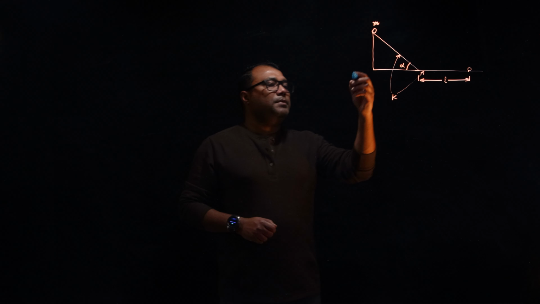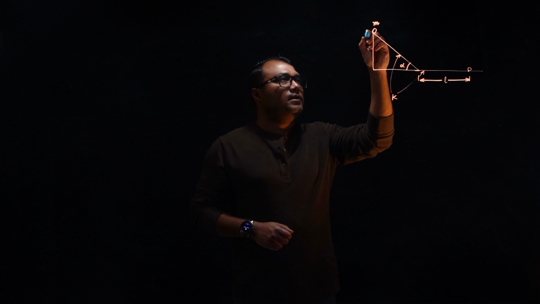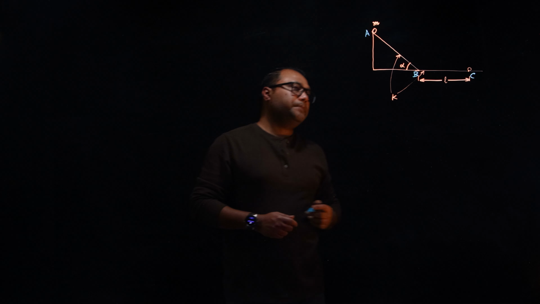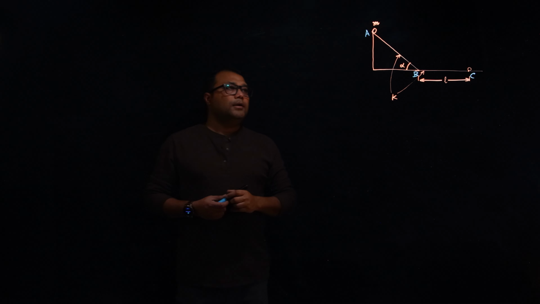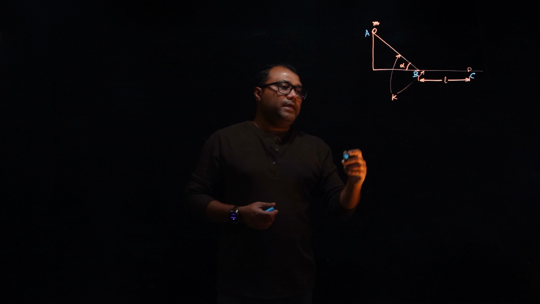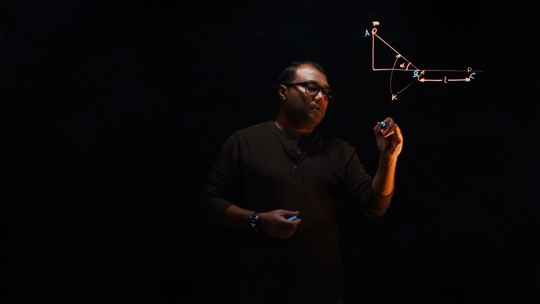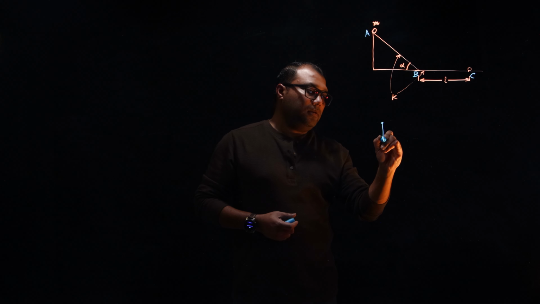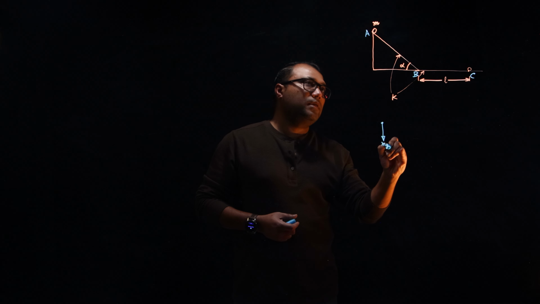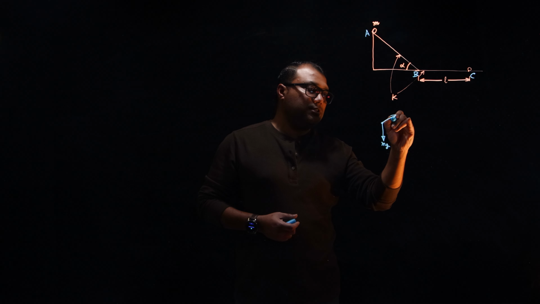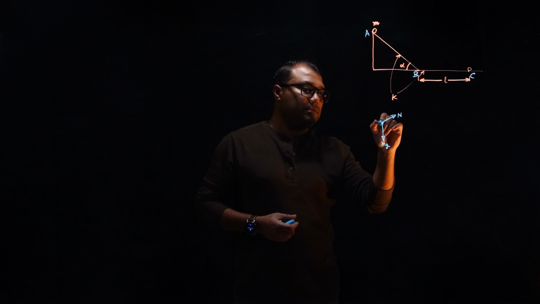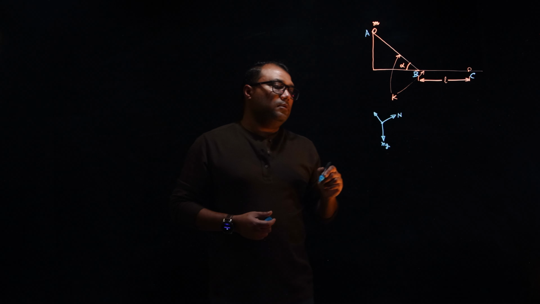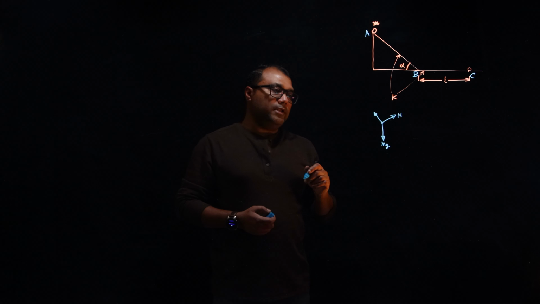Once you have the picture, the remainder should be pretty simple. Now let me mark these points as A, B, and this point is C. During the journey AB, if I look at the free body diagram of the mass m, there is mg, there is normal reaction, and there is some friction force opposite to the direction of relative motion.